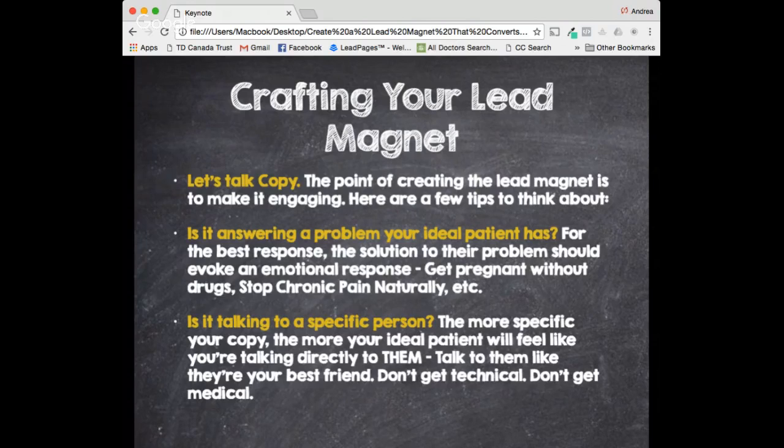They want to lose weight. And so when I promote something on my website, I'll say, are you a busy mom? You're putting everybody else first and you're last. Do you want to regain control over the weight gain that you've been putting on since you had your kids? You talk directly to them, and then they're going to evoke that emotional response and be like, yes, finally someone's talking directly to me.